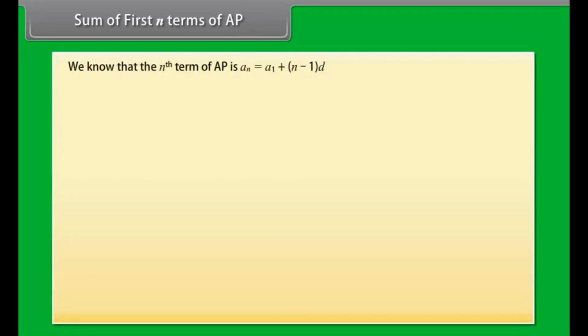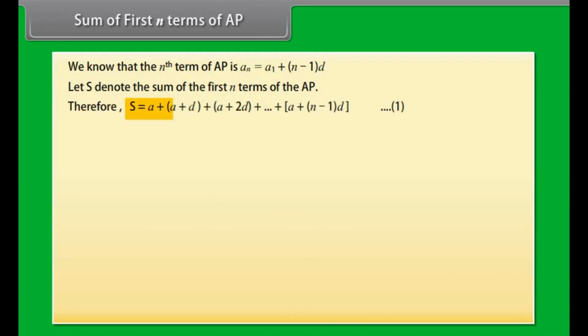We know that the nth term of an AP is an is equal to a1 plus n minus 1 d. Let S denote the sum of the first n terms of the AP. Therefore, we have S is equal to a plus (a plus d) plus (a plus 2d) plus and so on plus (a plus n minus 1 d).